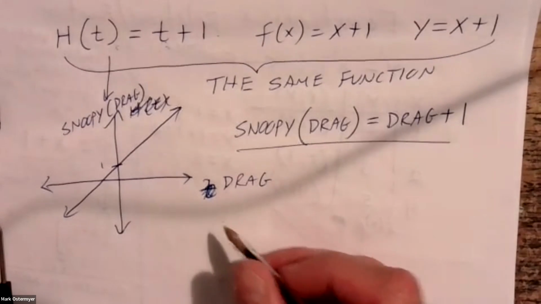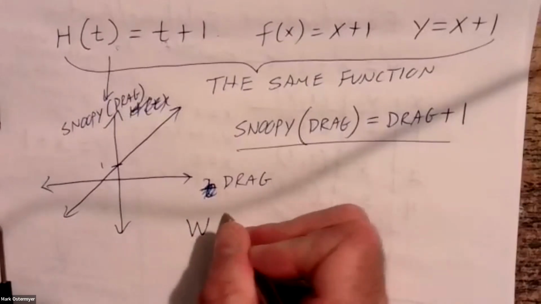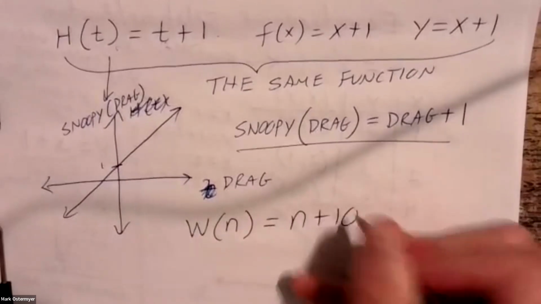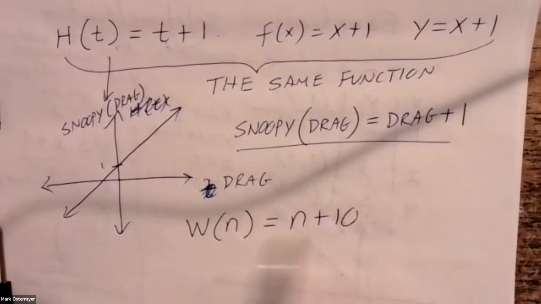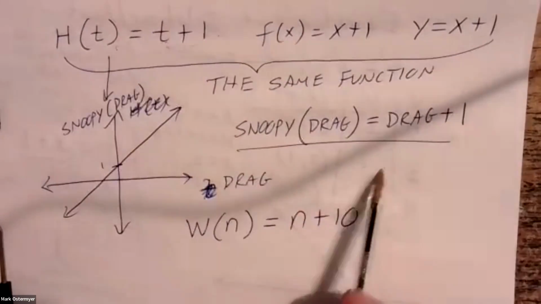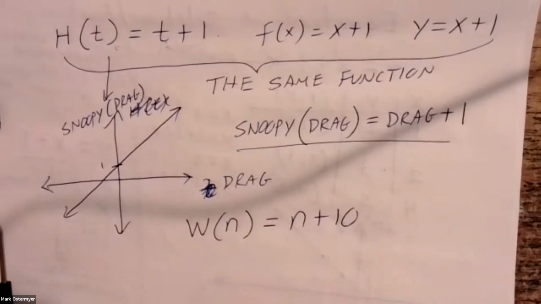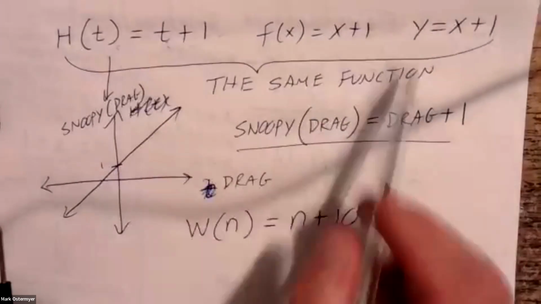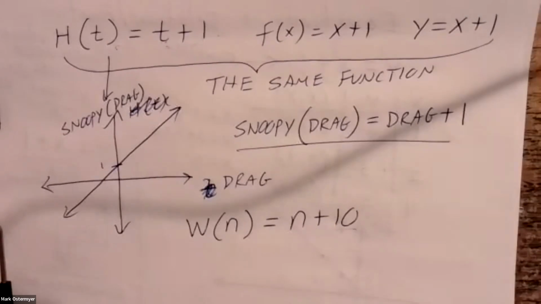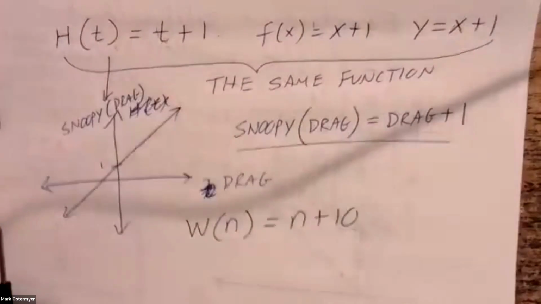Okay, so suppose I come up with this one. W of n is equal to n plus 10. Now, is this function here the same as all of these other ones up here? Yes or no? No. Why not? Why is it not the same as this one, this one, this one, or this one?